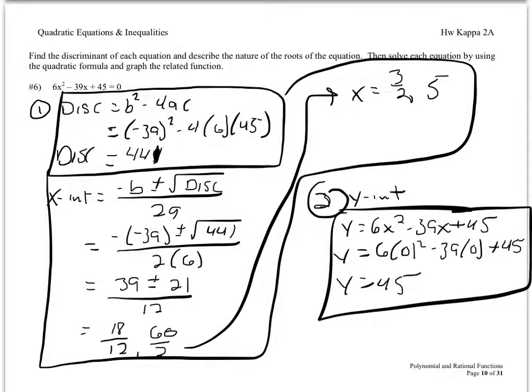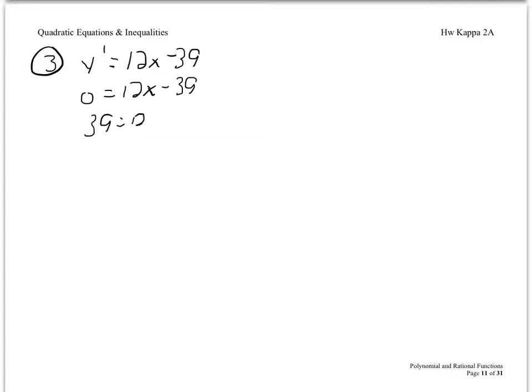So to figure out what that minimum is, to find that minimum, we take the derivative, which is going to be 12x minus 39, set it equal to 0, and solve it. You end up with a critical value at x equals 39 twelfths.